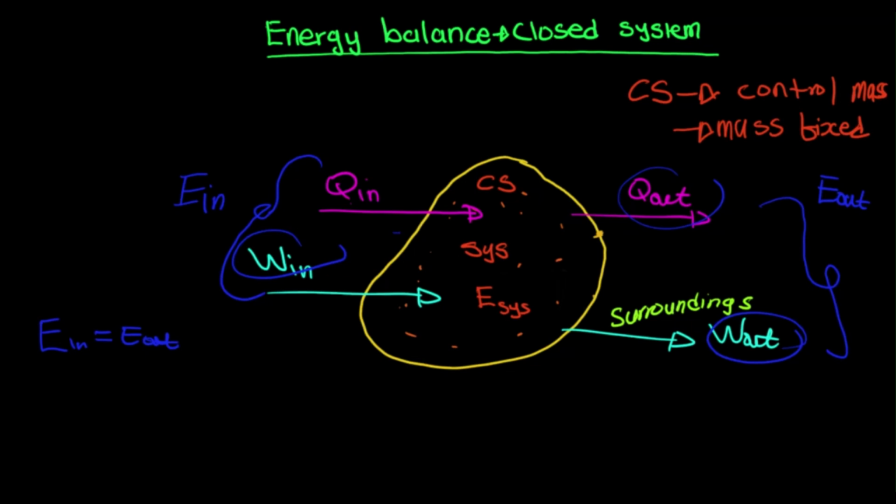In our case here, when energy is supplied, either in the form of heat or in the form of work, the system already has some form of energy. So there will be changes in the energy of the system. Energy supplied will cause changes in the energy of the system.